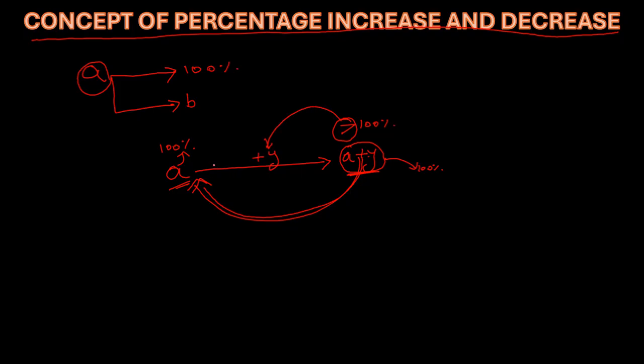Right? So let's take a numerical example. Suppose I have a number 100. I have added a number 15 to it, and it became 115. Right? 100 is 100%, and this is 115%.